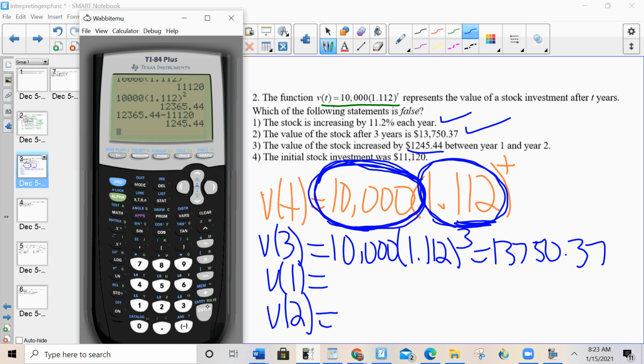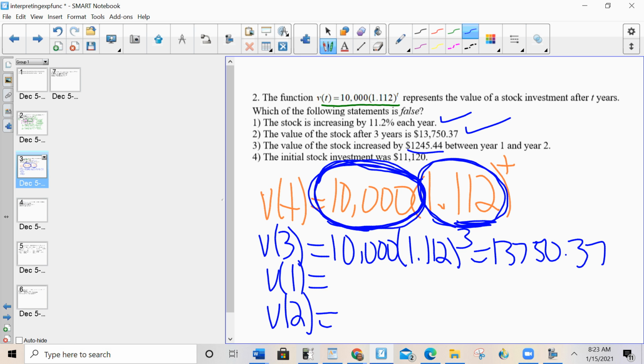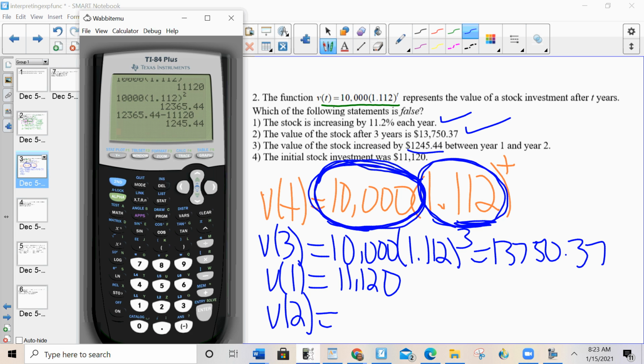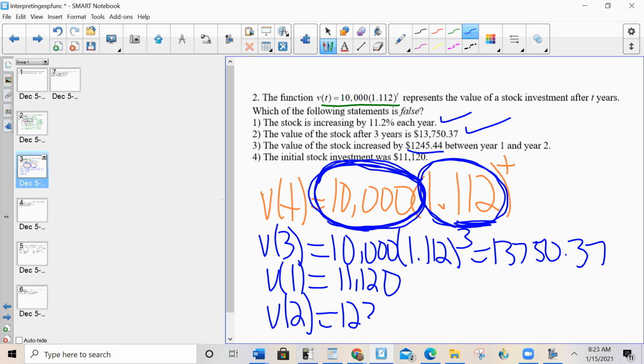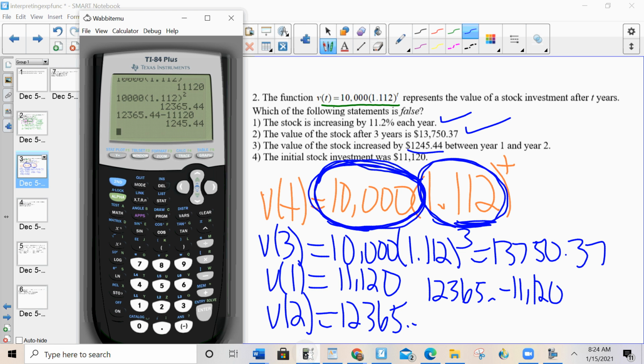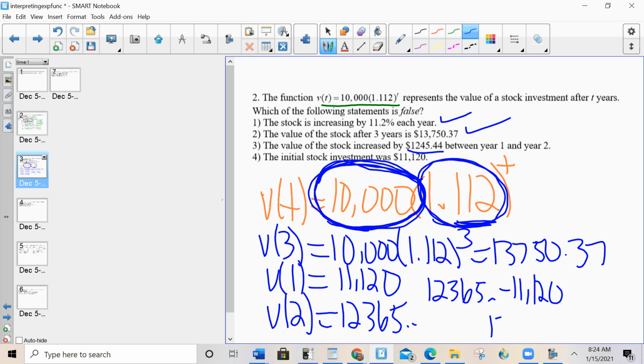V1 is 11,120. V2 is 12,365, whatever. And then when I subtract them, 12,365 minus 11,120, I get 1245.44. So yes, that one works out.